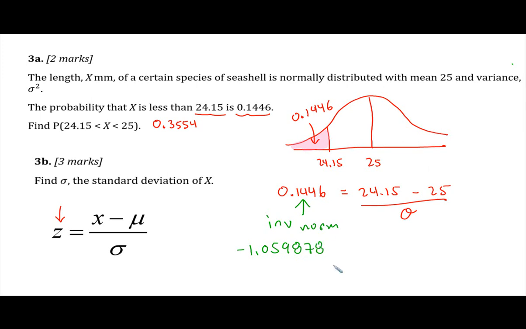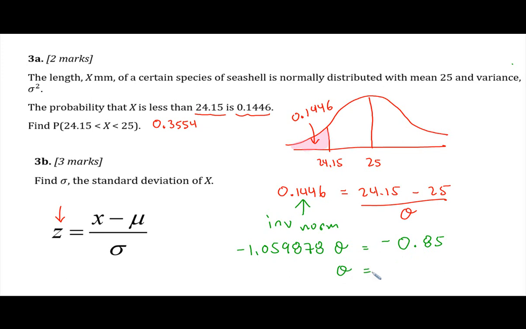Then if you multiply by standard deviation on both sides, the standard deviation is equal to 24.15 minus 25, so that'll leave us with negative 0.85. Now, if you want to find out what the standard deviation is, just divide both sides by negative 1.059878 on your calculator.